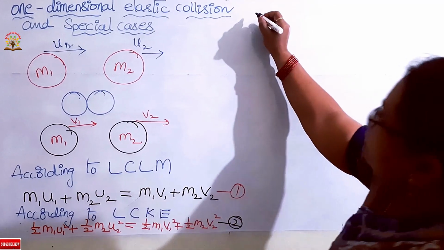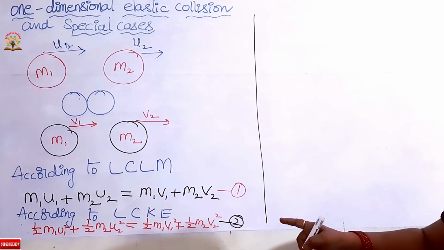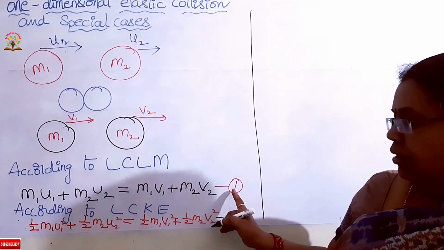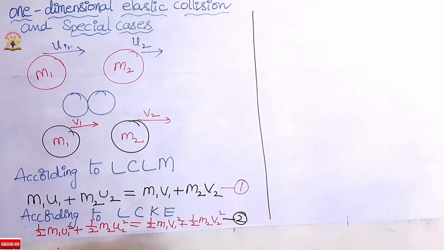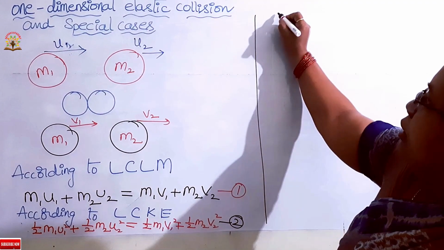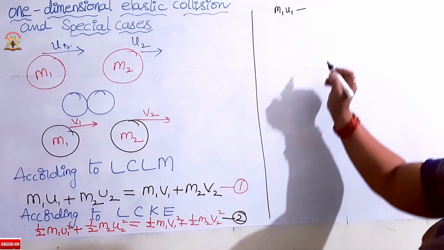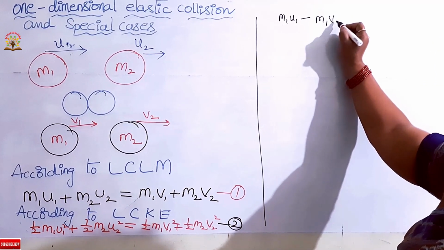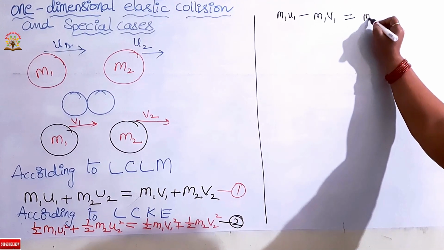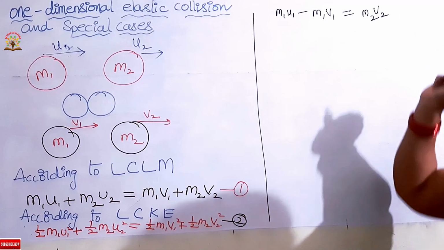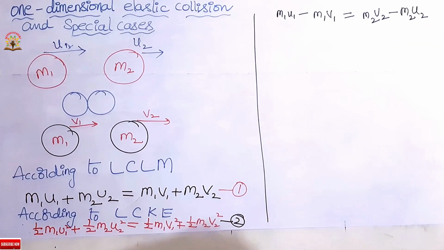Next, from equation 1 and equation 2, we are writing m1 u1 minus m1 v1 is equal to m2 v2 minus m2 u2.